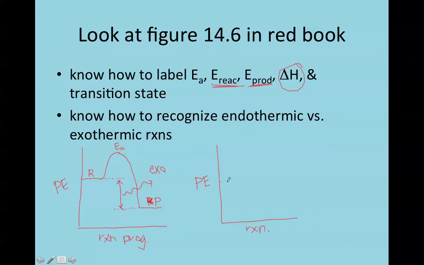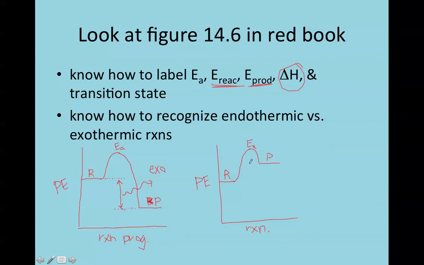So let's say that our reactants start out right here. And we apply the activation energy. We hit the transition state, and then when we fall back down to products, we actually don't fall that far. And so our product energy is right here.